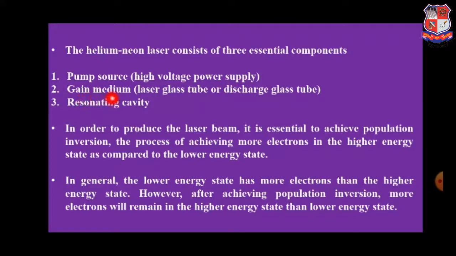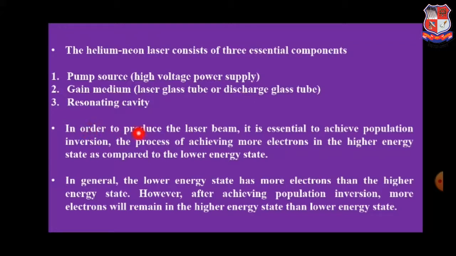Number two is the gain medium, where the laser glass tube, or we can say discharge glass tube, has been utilized. And the last one is the resonating cavity, which we are also going to observe.